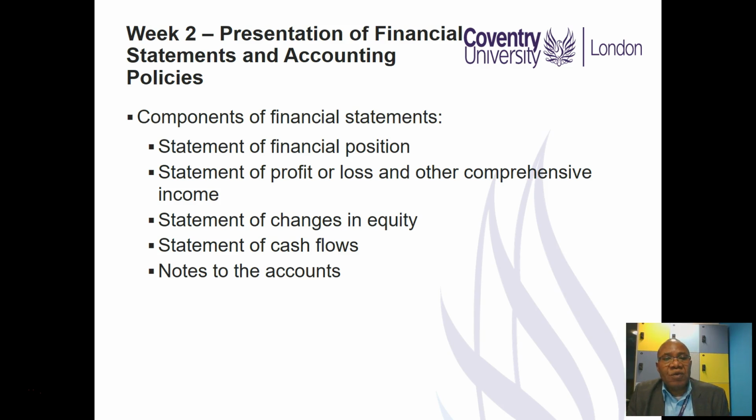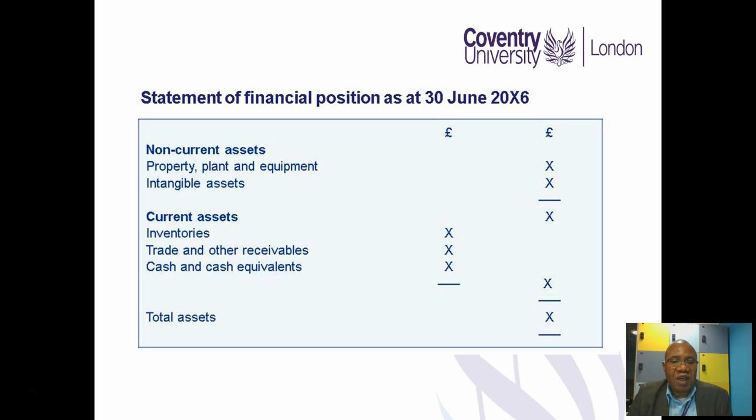In week 2, we looked at presentation of financial statements, and we considered the main components of financial statements as per IAS 1. And these are statement of financial position, statement of profit or loss and other comprehensive income, which we can refer to simply as statement of comprehensive income, statement of changes in equity, statement of cash flows, and notes to the accounts.